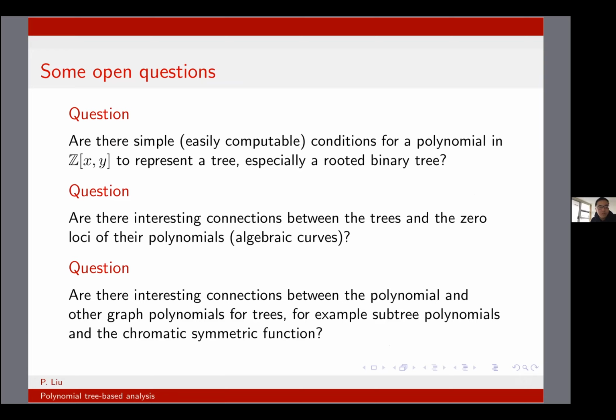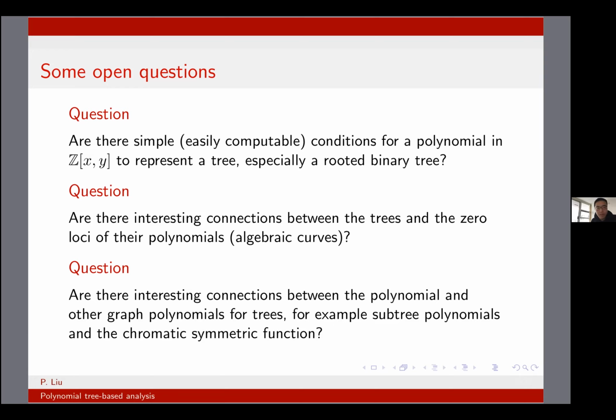So the first question is, are there any simple conditions for a polynomial to represent a tree? Well, there is one condition: as long as you can minus y and factor it, then minus y and factor it until you get a tree structure, then you know it represents a tree. But are there any simpler or easy to compute conditions that tell us whether this polynomial represents a tree?